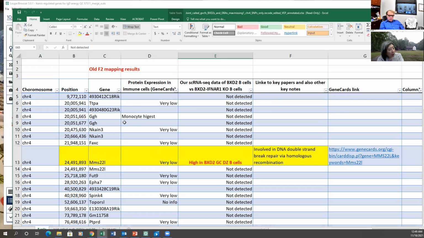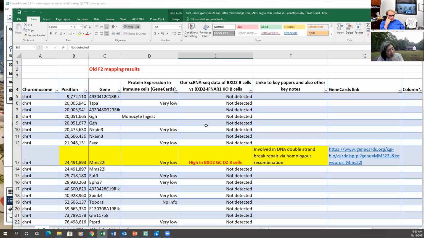So these are the chromosome 4 genes, because all of a sudden chromosome 4 looks like a hot zone, in the new BXD2 N2, not really N2, BXD2 crossed with B6. Chromosome 4 has allowed us to narrow down the region to the distal region of chromosome 4.